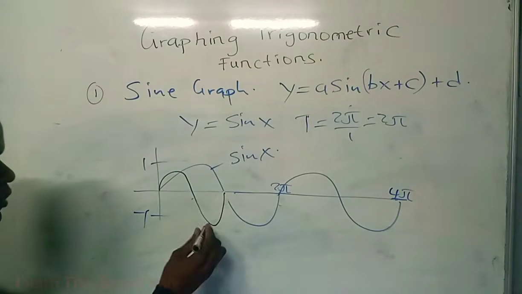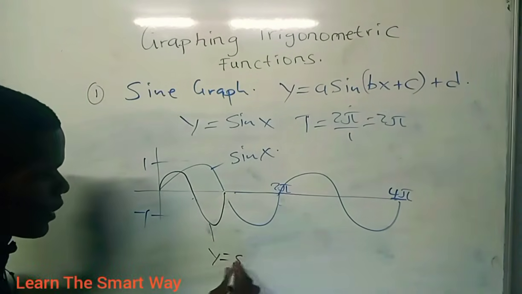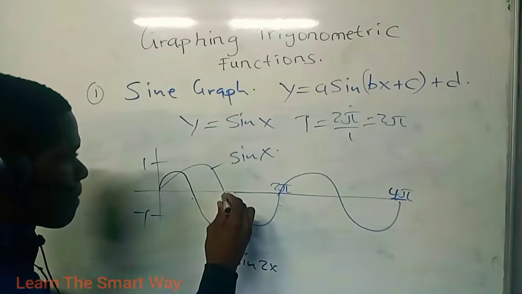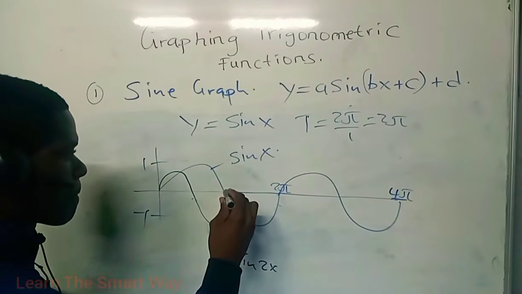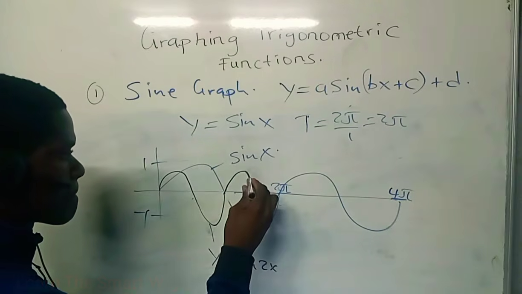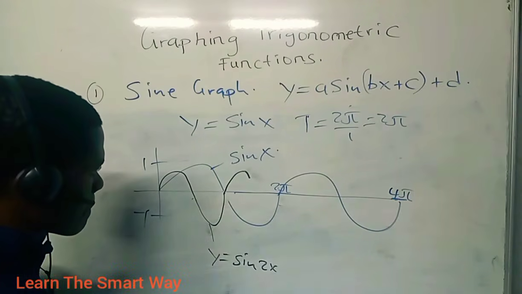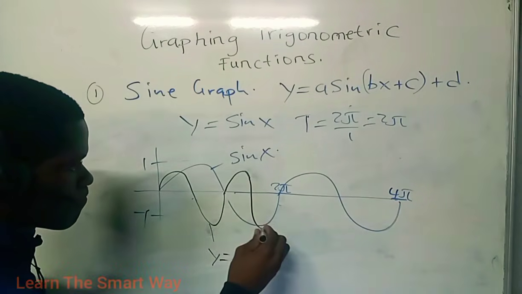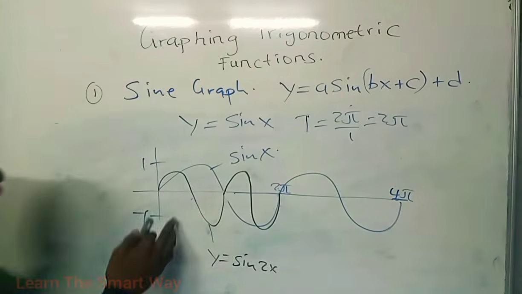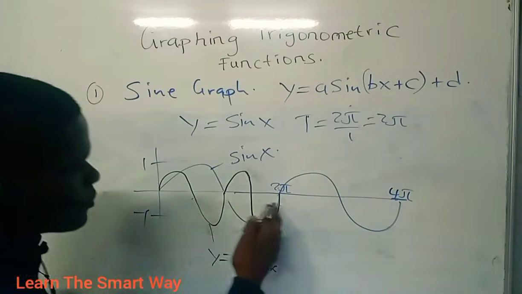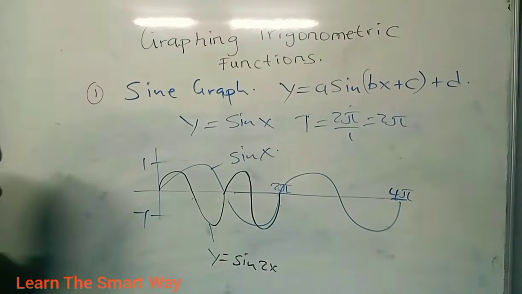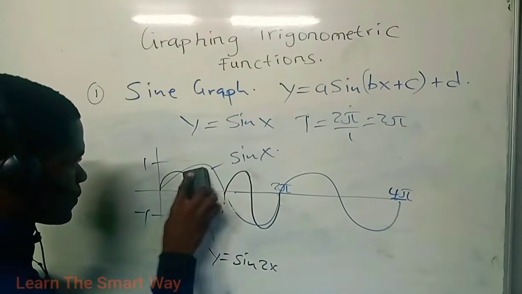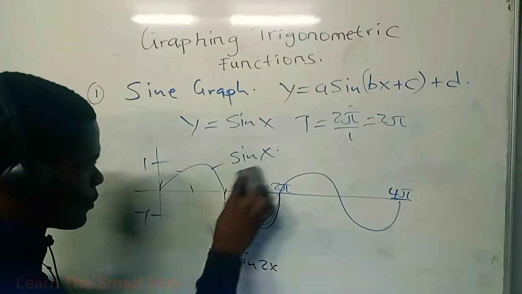So this is y is equal to sine 2x. Okay, so it has made 2 complete revolutions within 2 pi. That's how it's different. Now, that's not my main focus. I want to talk about the negative sine function.